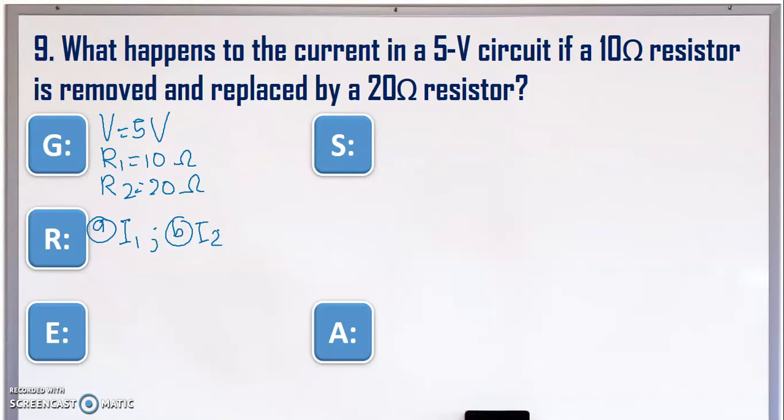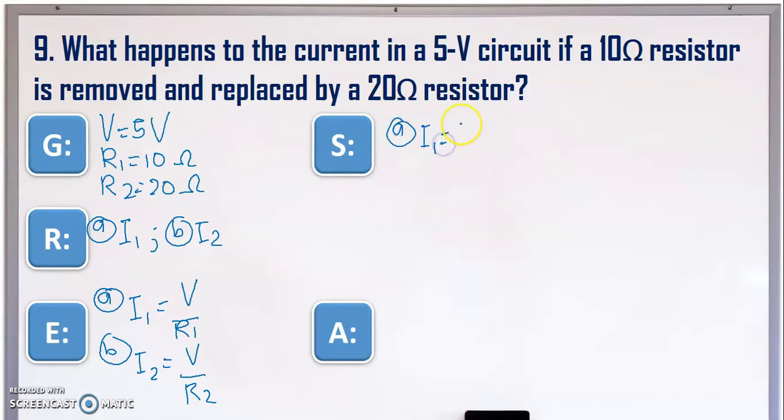In getting the initial current, we have to use the equation I sub 1 is equal to V divided by R sub 1. For the final current, the equation is I sub 2 is equal to V divided by R sub 2. Initial current is equal to 5 volts divided by resistance 1, which is 10 ohms.